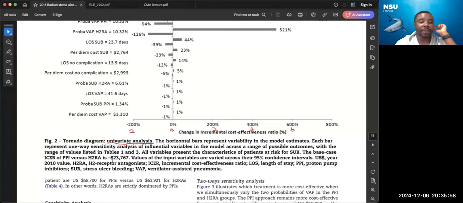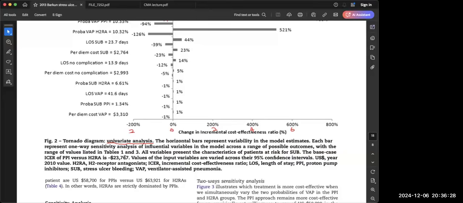So to state this in a sentence form, you just have to say that compared to the PPIs, in the H2 arrays, you have to pay an extra 23,767 to get maybe a lower effect, or to get smaller effects than in the PPI. Does it make sense? Yes, thank you.